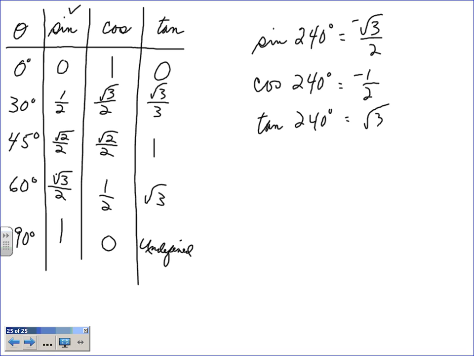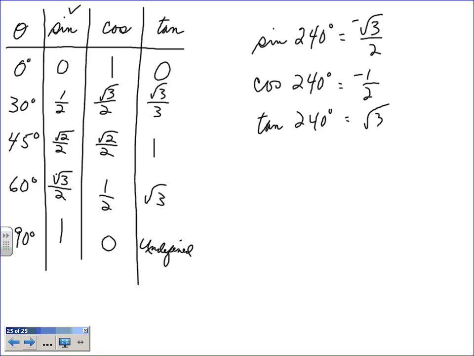Okay? I can easily figure out cosecant, secant, and cotangent if I need to, because they're just reciprocals. So we can use reference angles. Now we got a whole bunch of angles. Not only do we have 0, 30, 45, 60, and 90, we also have 120, 135, 150, and 180. We also have 210, 225, 240, and 270.